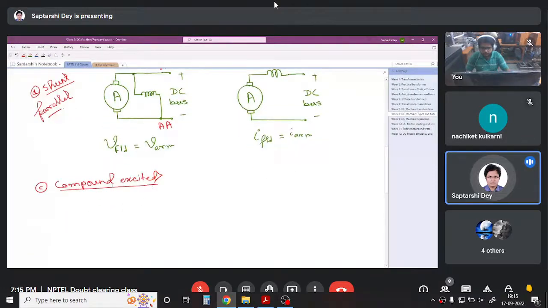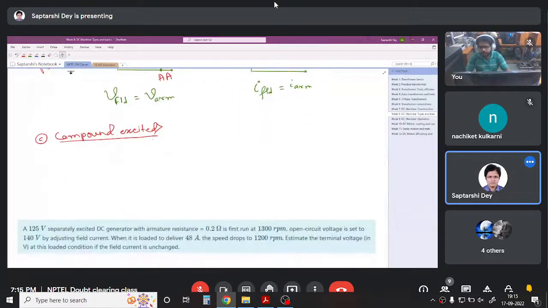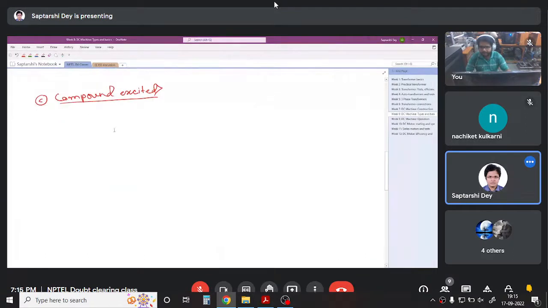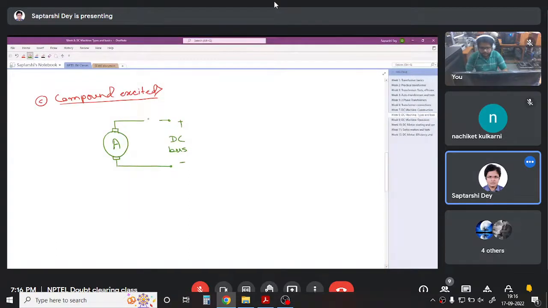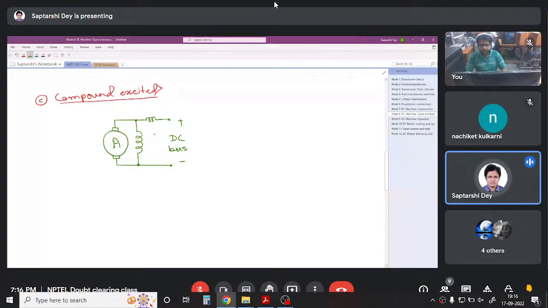So how would they look? Problems we will look at later. So shunt and series, if they are compound excited, we will have both. We will have series here. We will have a shunt here. So both kinds of windings are there.